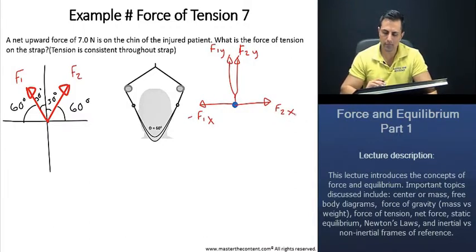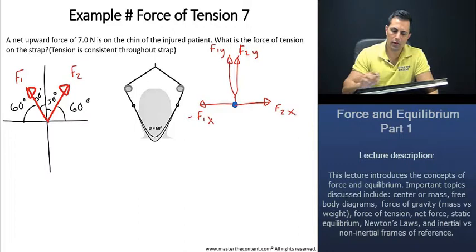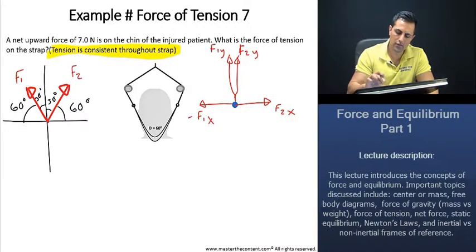Wonderful. Now, in this problem, it's telling us that tension is consistent throughout the strap. Because tension is consistent throughout the strap, we know that force 1 is going to equal force 2.